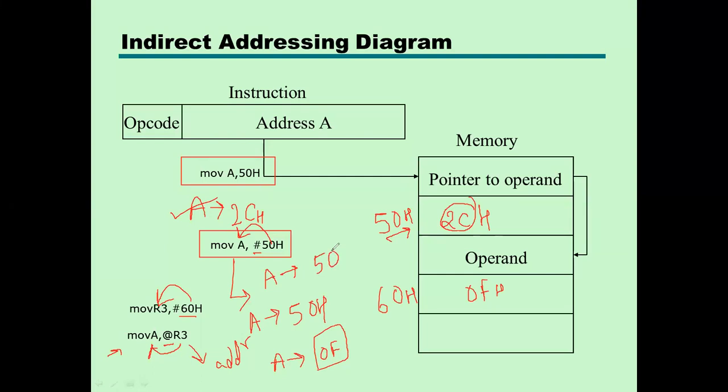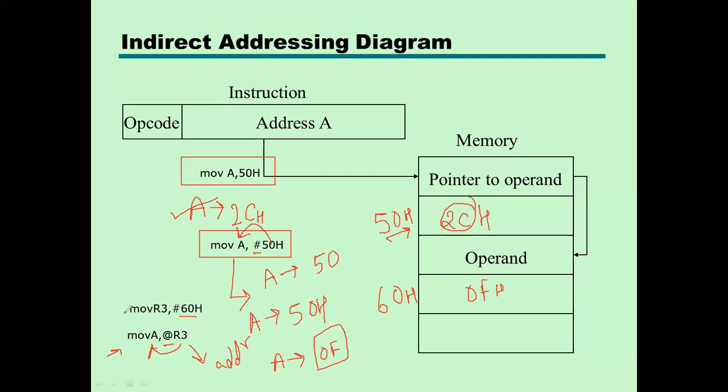The source data is directly mentioned in the instruction. Such a type of addressing mode is an example of immediate addressing mode. And the last and very important addressing mode: I'm writing the instruction move R3 comma hash 60, and then the instruction move A, that is the accumulator, comma at the rate R3.